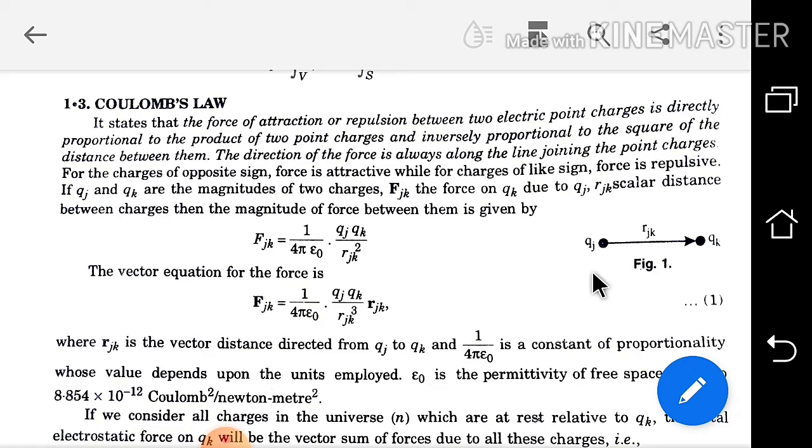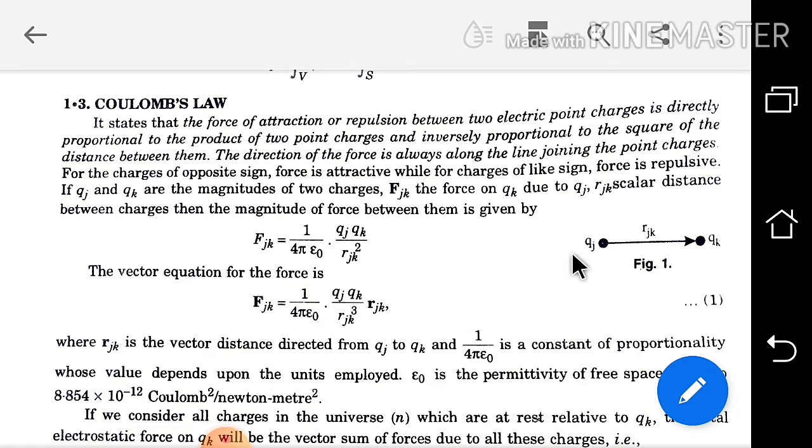And if they are unlike charges, if Qj is positive and Qk is negative, then there is a force of attraction between these two charges, Qj and Qk.